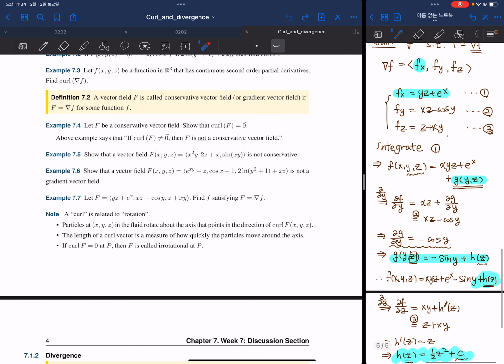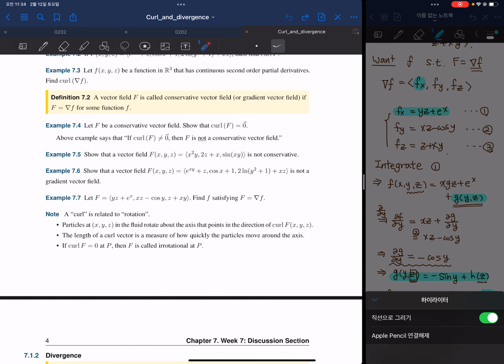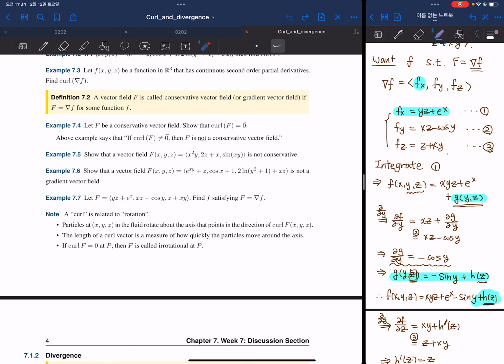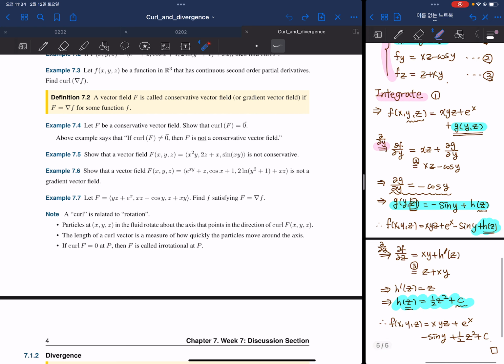So I just want to emphasize that when you want to find the function f satisfying the given vector field is equal to gradient f, you need to find the three equations and integrate them, and then take a derivative again to find your f of x comma y, z.